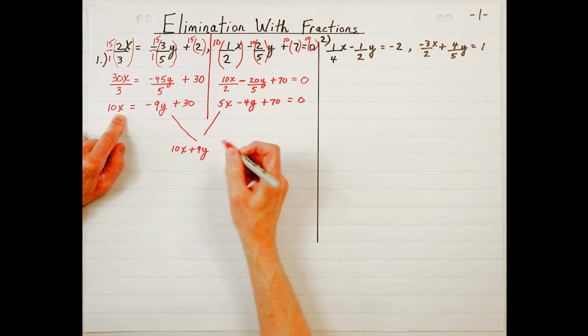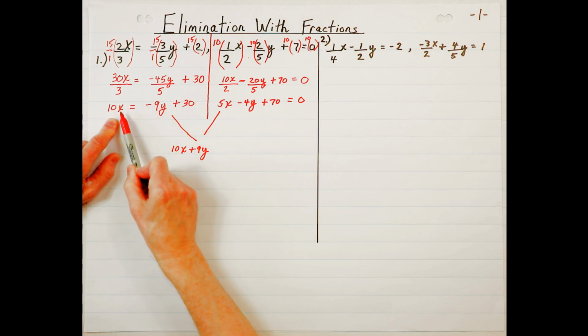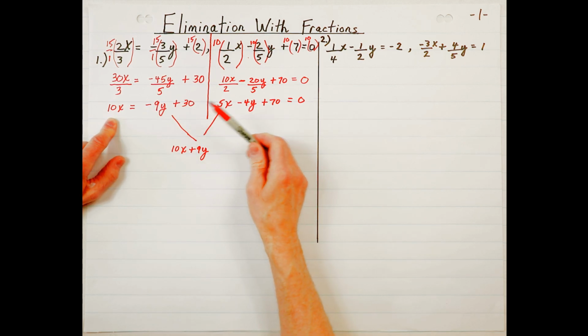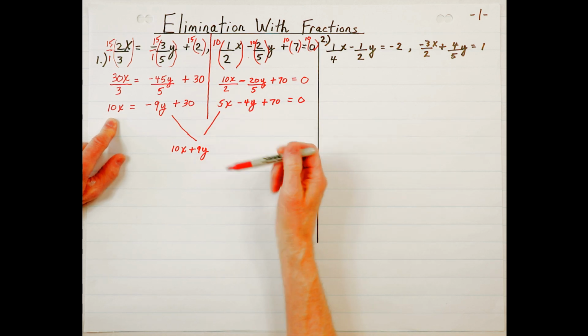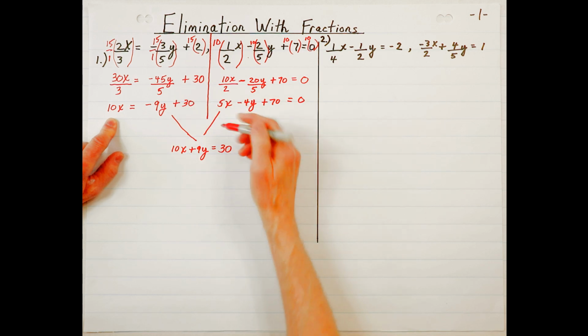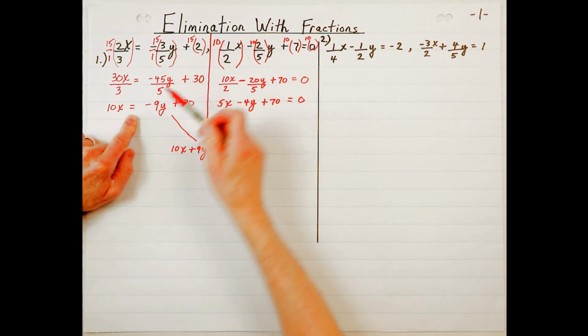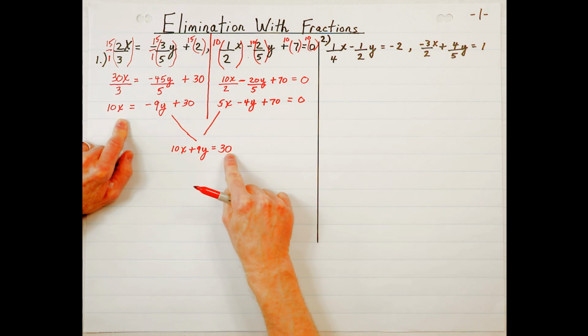Do you see what I did there? I went from the right to the left. When you change sides, you change signs. And equals 30. The 30 is on the right-hand side of the equal sign in this line, and it's on the right-hand side of the equal sign on this line, so it does not change signs.